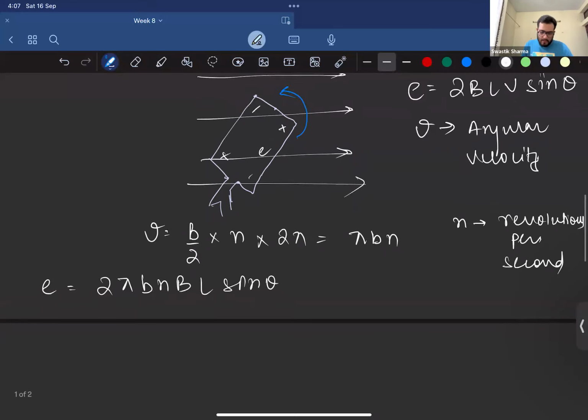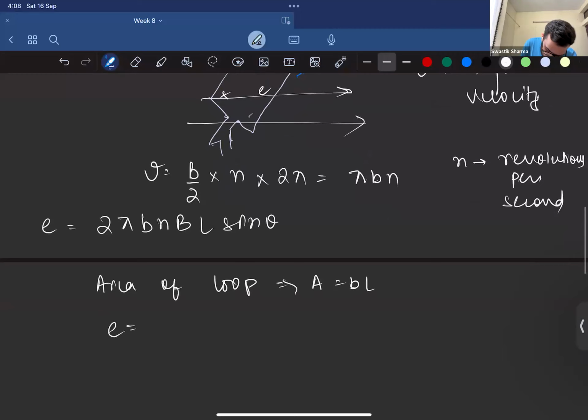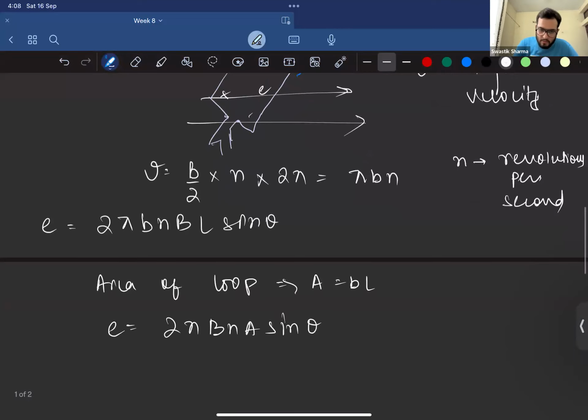Now, the area of the loop is simply, because its breadth is b and the length is L, BL. So it comes out to be 2 pi B N A sine theta.